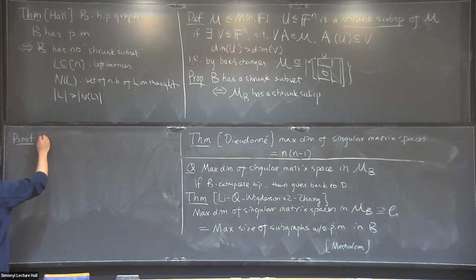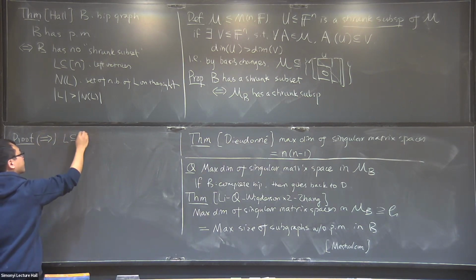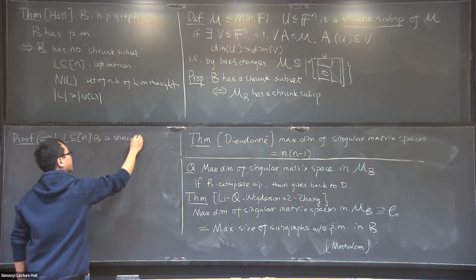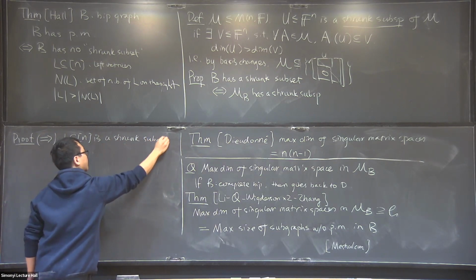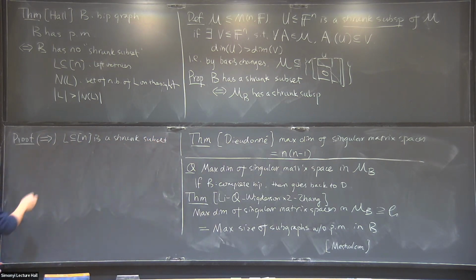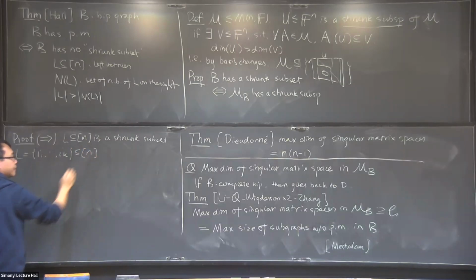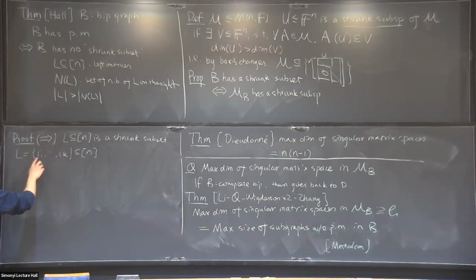So for this direction, we start with G, which has a shrunk subset. So suppose L is a shrunk subset. And then, of course, L consists of several vertices, say i_1 to i_k, which is a subset of it. Then you want to build a shrunk subspace. This is usually the natural step: you essentially take the coordinate subspace corresponding to this.